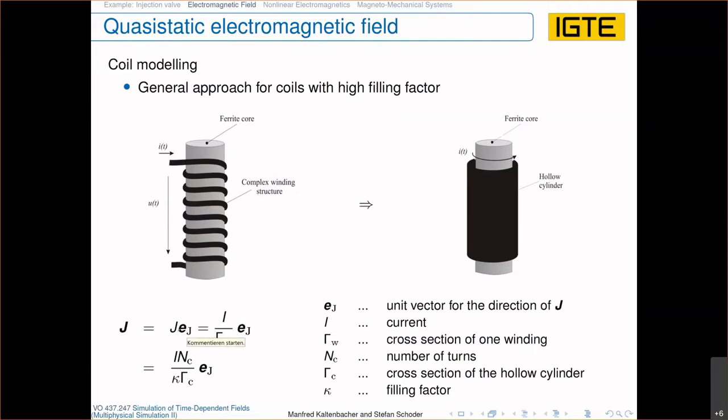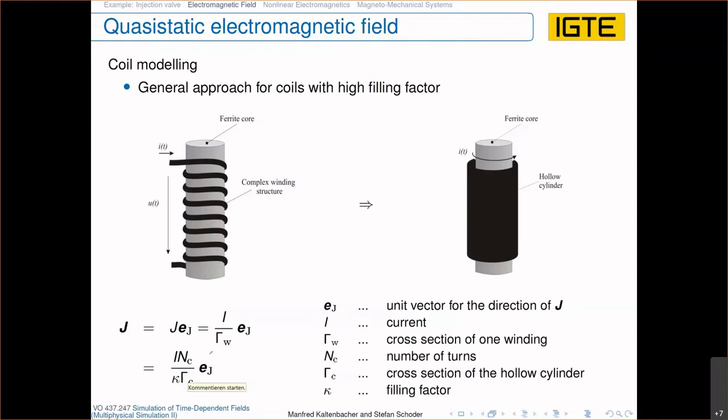As we know, the current density is the current over the cross section of one winding, and that we can simplify to compute with the cross section of the conductor divided by the number of turns. Nc is the number of turns, and in order to also take into account that you have a filling factor smaller than 1, for most coils you will have filling factors of 0.9 to 0.95, you also take this into account with kappa when you know it.